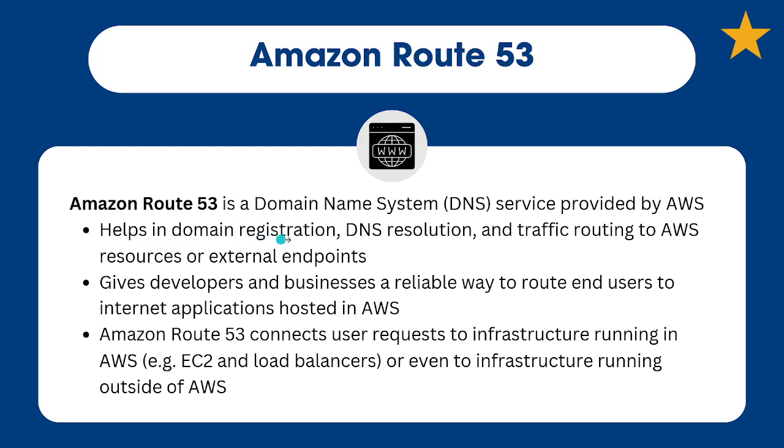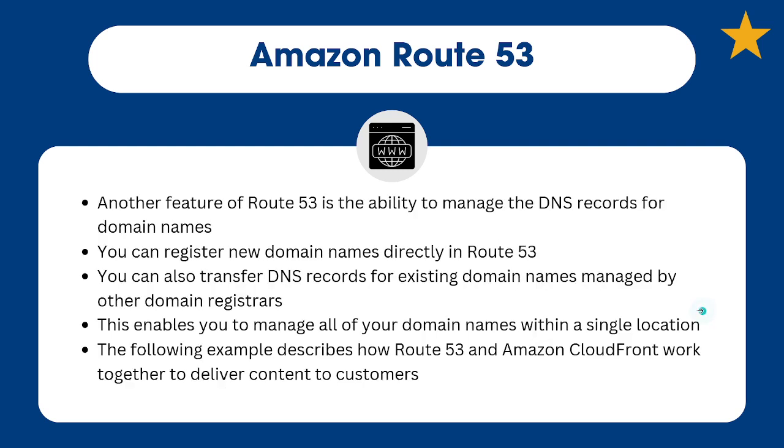It helps in registering domain names, resolving the DNS name to its IP address, and routing to AWS resources or external endpoints. It gives developers and businesses a reliable way to route end users to internet applications hosted in AWS. So that's what Amazon Route 53 is, a DNS service from Amazon.